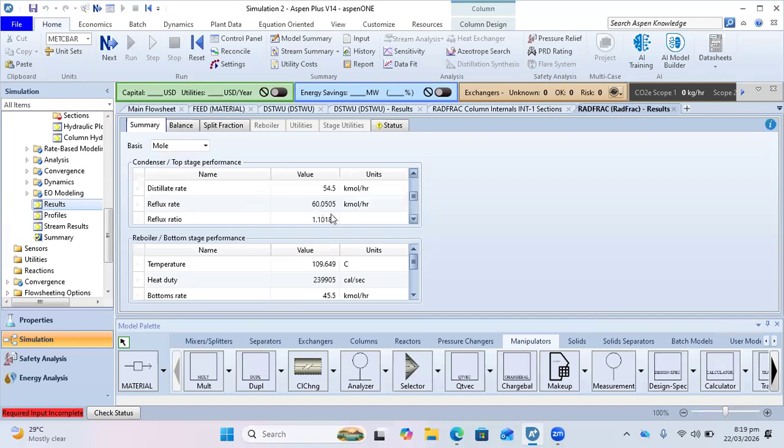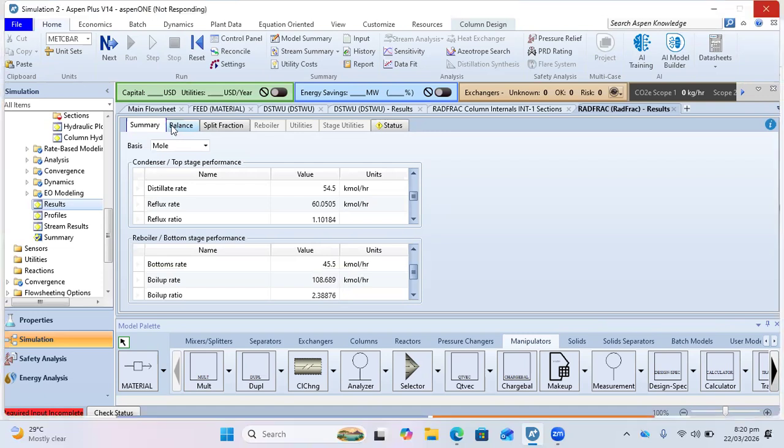We can get the reflux rate. Right. For the bottom, we can get the boil-up ratio, the bottom rate, all those things. Right. So we have all this data available to us. So we can check all these things out, the balance, the split fractions. This will give us the material balance in our system. I mean, it's taking quite some time.